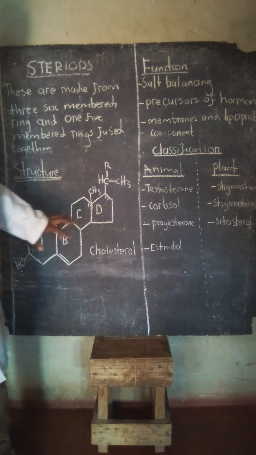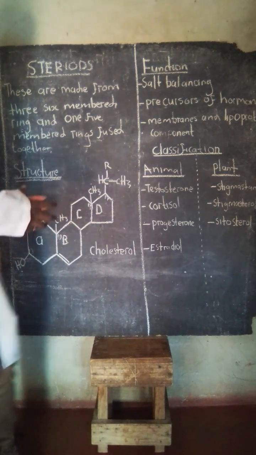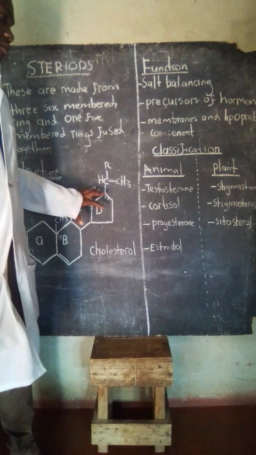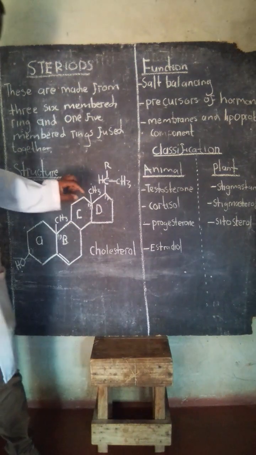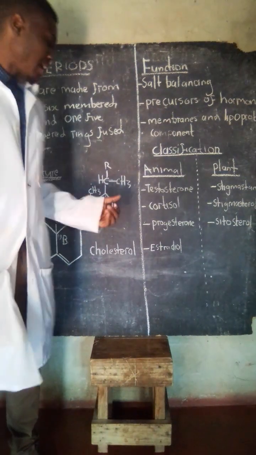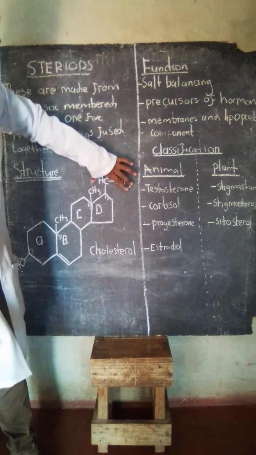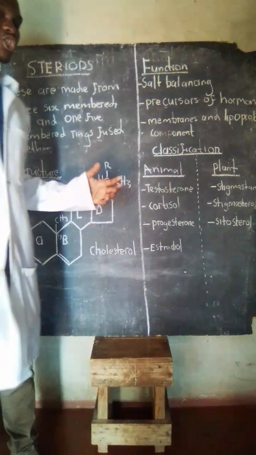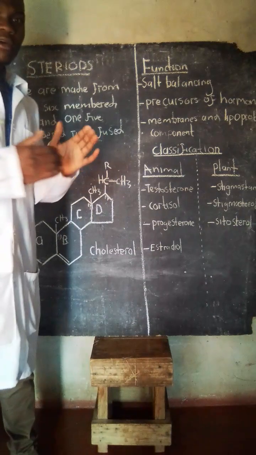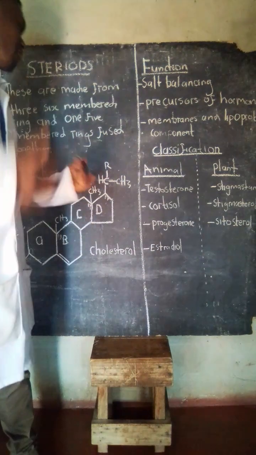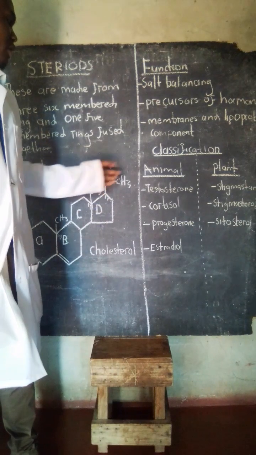So these rings that are fused together have a total of 17 carbons. Then I want you to take notice that at carbon number 17, there will always be an alkyl group attached, which should contain a minimum of 12 carbons and a maximum of 26 carbons. So it will have a long chain of hydrocarbon.